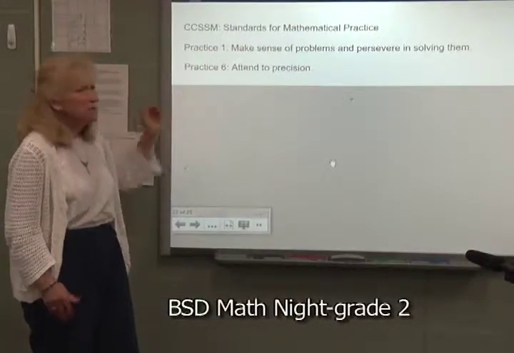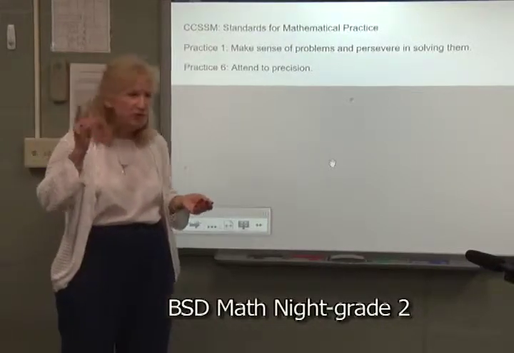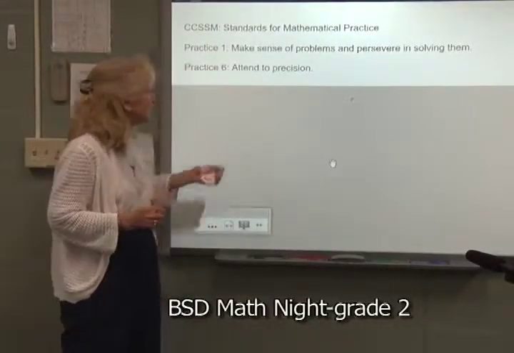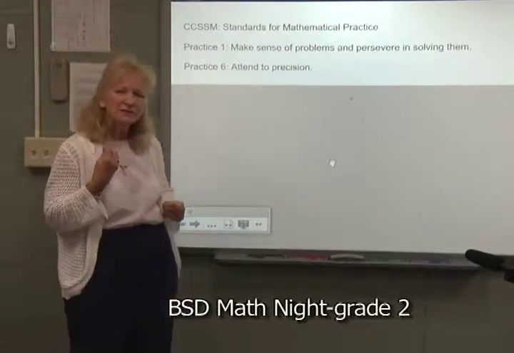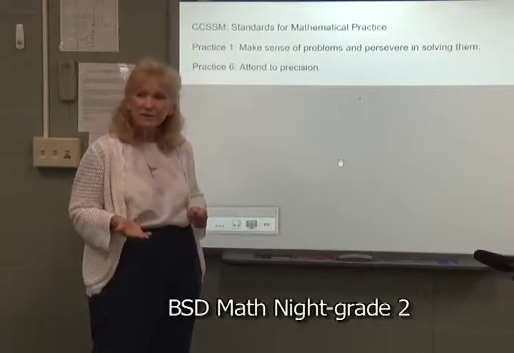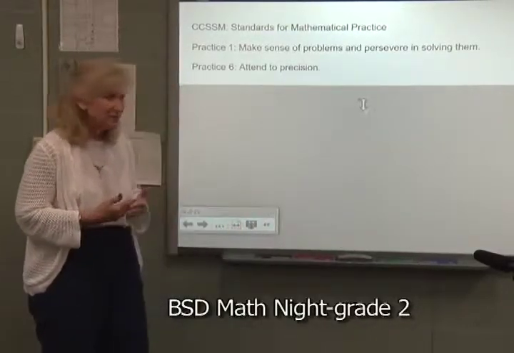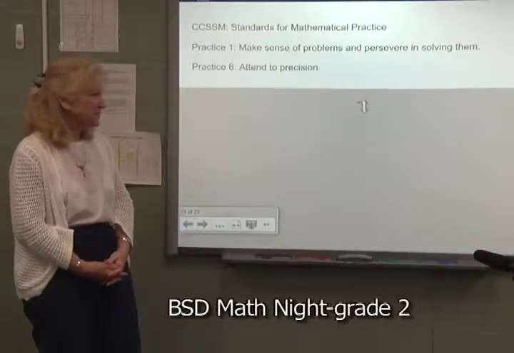Attend to precision. You might think that's measuring twice and cutting once. Attend to precision is the vocabulary of mathematics. The vocabulary, those word lists, no pet-friendly names, the correct math terms.